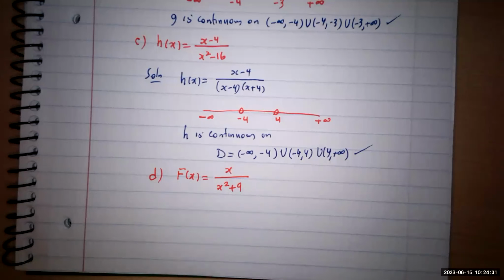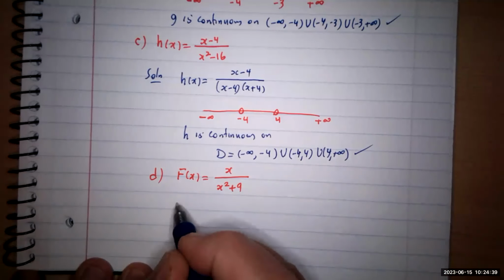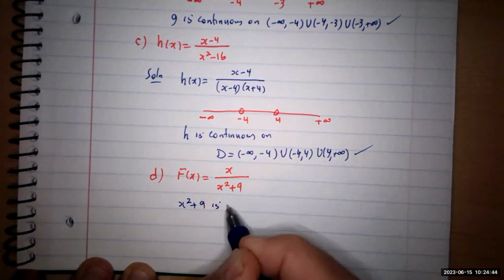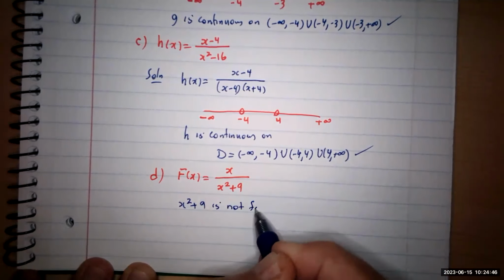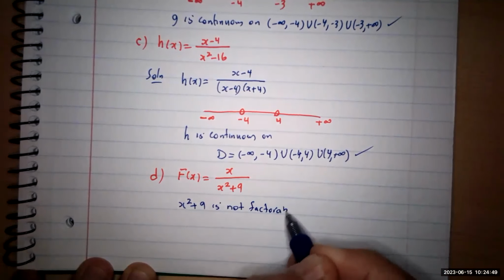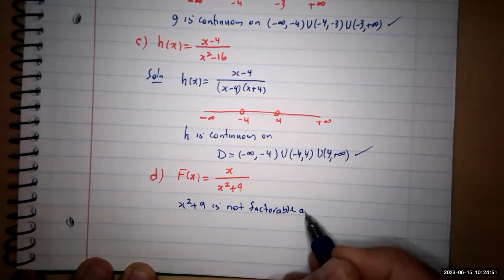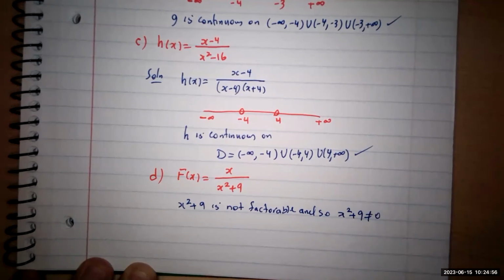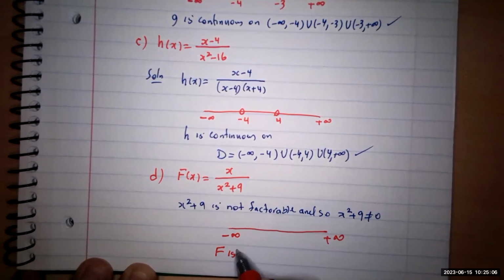When it's non-factorable, it means you can't have that number. So this is how we explain it: x squared plus 9 is not factorable, and so it's not 0. So the number line is nice, no holes. Your function is continuous everywhere. F is continuous.